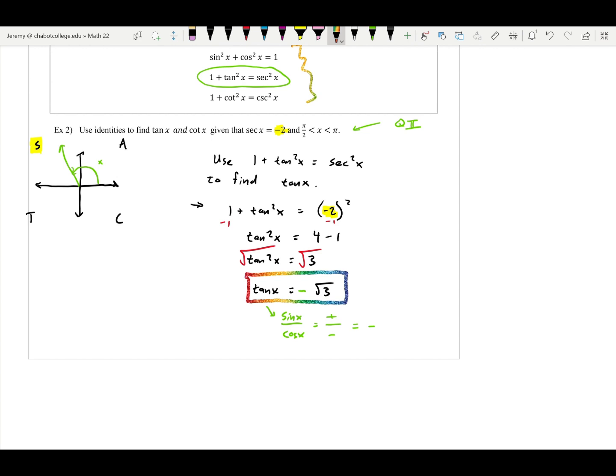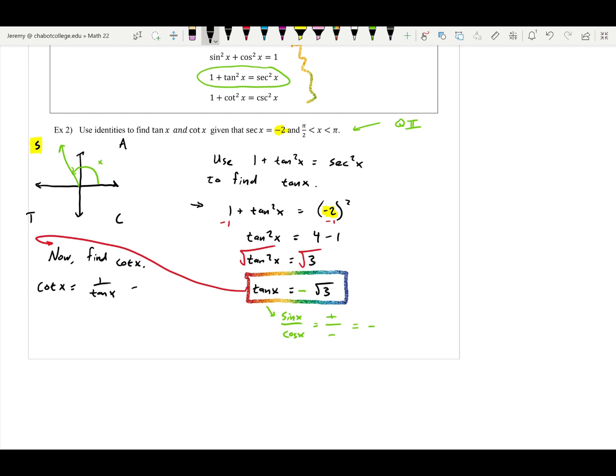And now I want to find cotangent. Okay, so I'll take this, keep working over here. So now we want to find cotangent of x. Now this is going to be pretty straightforward because cotangent is a reciprocal function. Cotangent of x is equal to 1 over tangent of x.